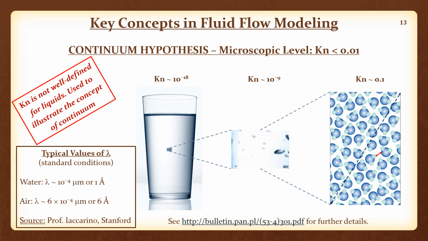Therefore, for water, 100 times this is 100 angstroms. Sorry, my bad, 100 angstroms is 10 nanometers, right? So 100 angstroms would be 10 nanometers. Above that kind of length scale for a liquid, the continuum approximation seems to be valid.